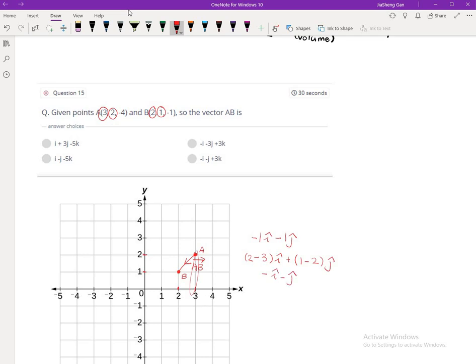Okay, so it's basically just final minus initial.